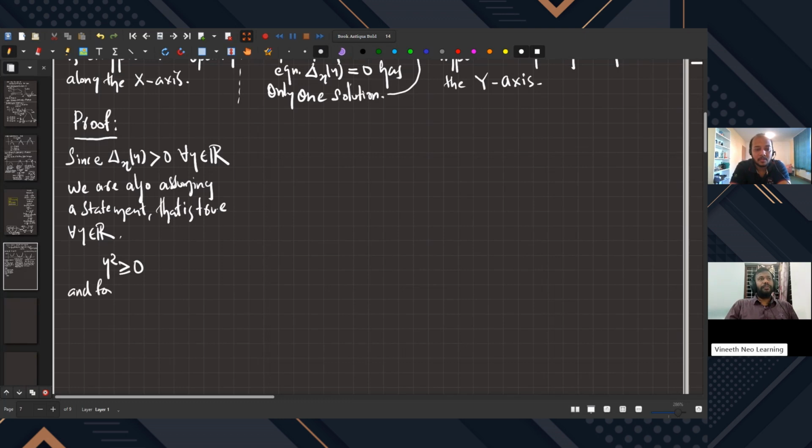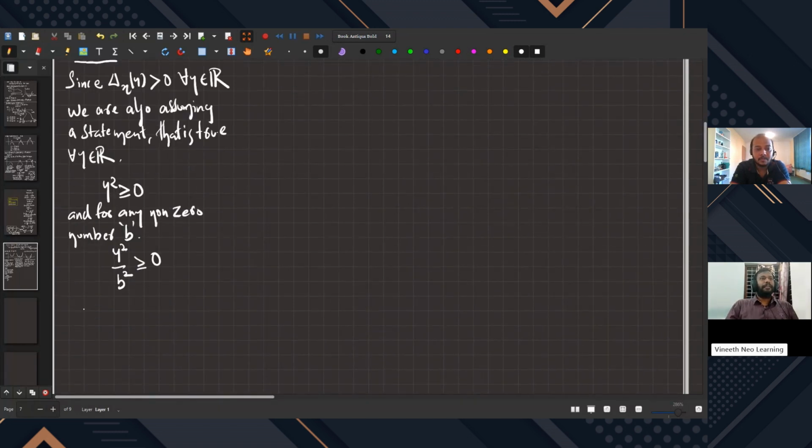And for any non-zero number b, we can also write y squared over b squared is greater than or equal to 0.